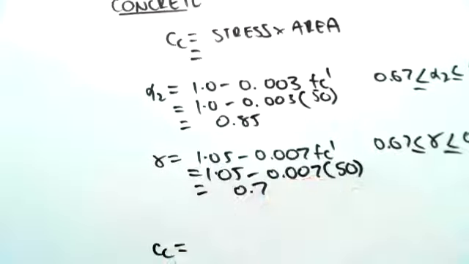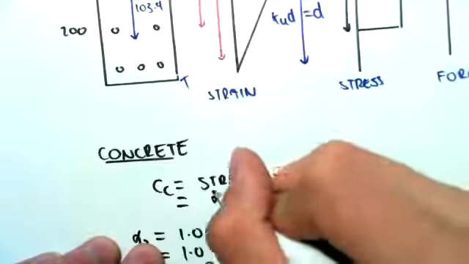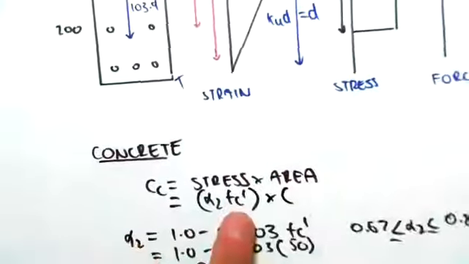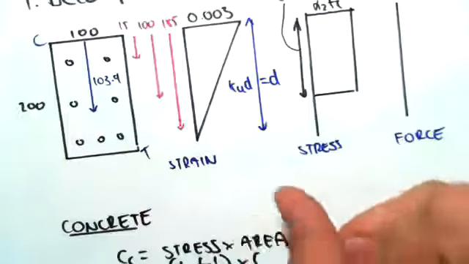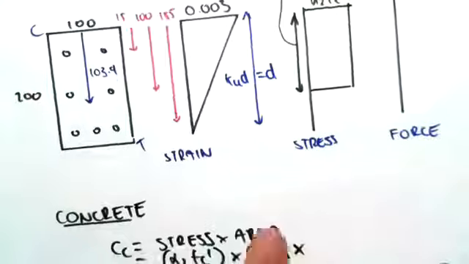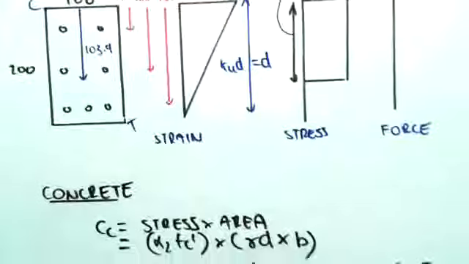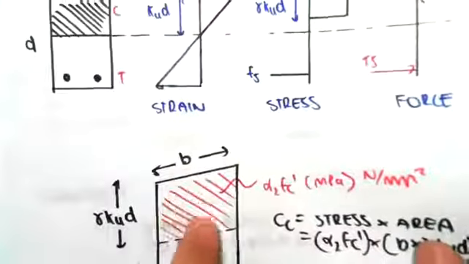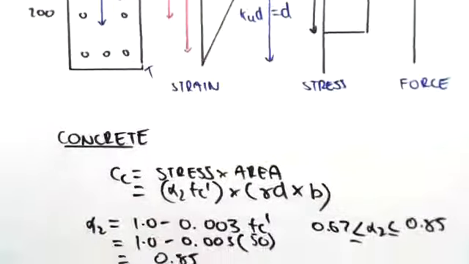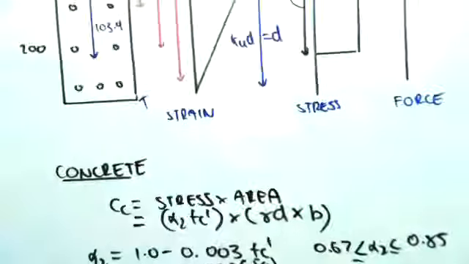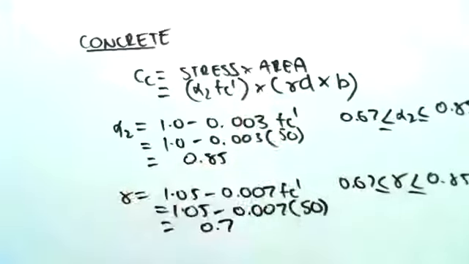The compression in the concrete is the stress, which is alpha 2 fc dash, times the area. The area is this length here, gamma d, times the width of our concrete, b. We saw that in the introduction video: alpha 2 fc dash by b by gamma kud. Once again, our kud equals d, so it's just gamma d times b. So we're going to work it out now.